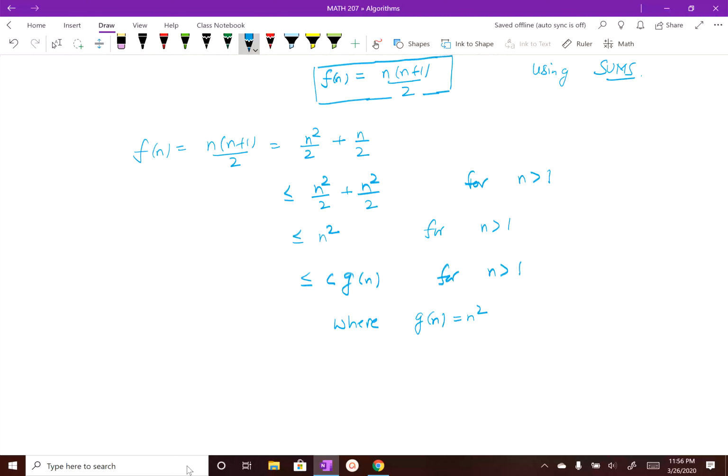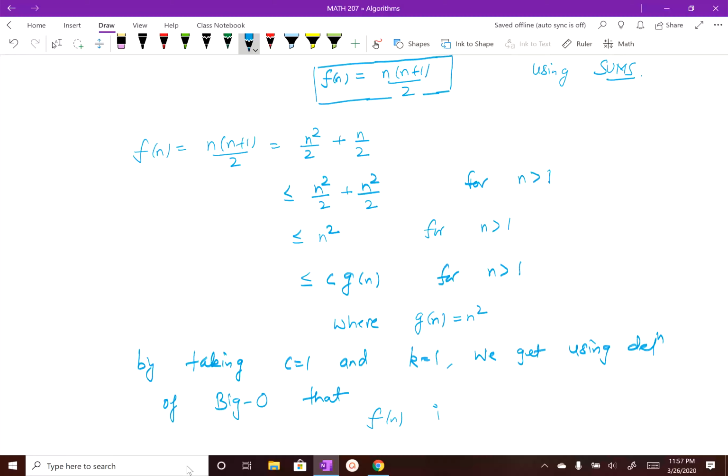Okay, so by taking c equal to 1 and k equal to 1, we get, using the definition of a big O, that f of n is big O of g of n.